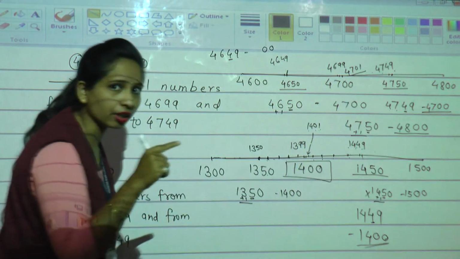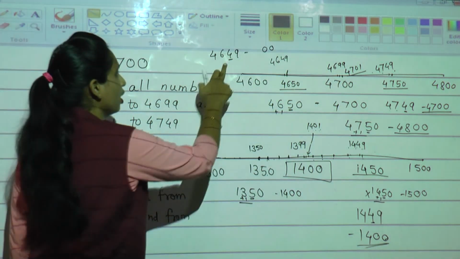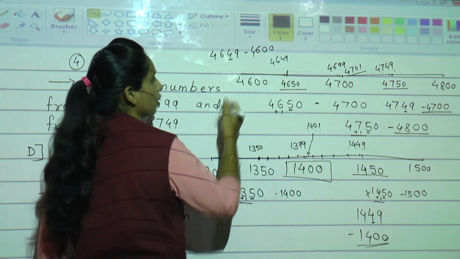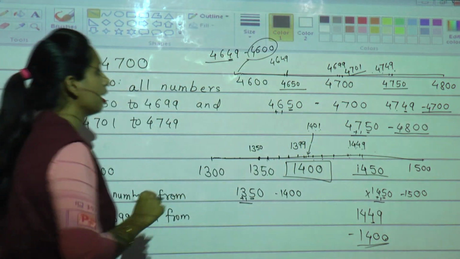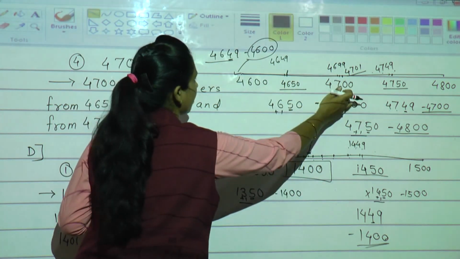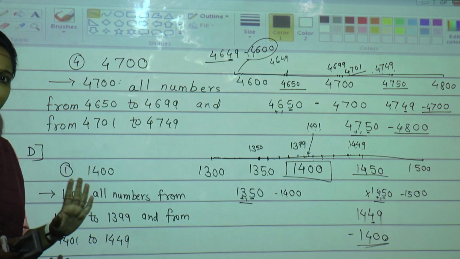If it is 4 or less, we should not change the hundreds place. So it is 4, so we can't change the hundreds place, right, as it is. So see, this number rounds off to 4600, but we have to find the numbers near about 4700. So the numbers start from here. I hope it is clear.